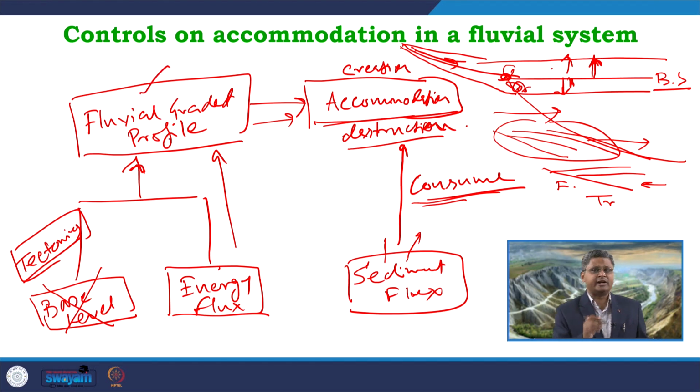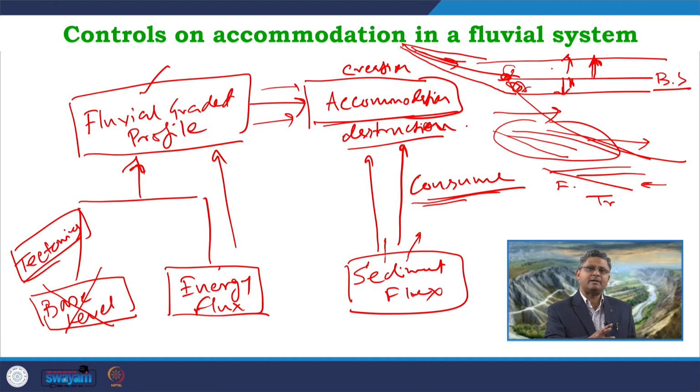So, this fluvial graded profile, which is controlled by the tectonics, slope, and energy flux of the river system, will be responsible for the creation or destruction of accommodation, and through this energy flux and tectonics, it will result in the creation of sediments which will be supplied into the system. So, they will try to consume this accommodation.